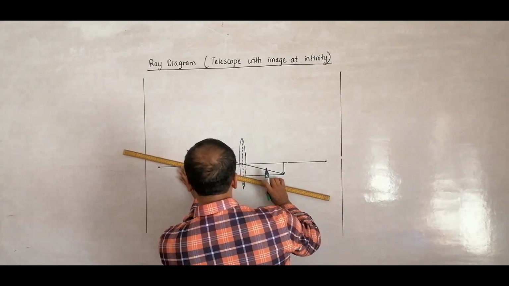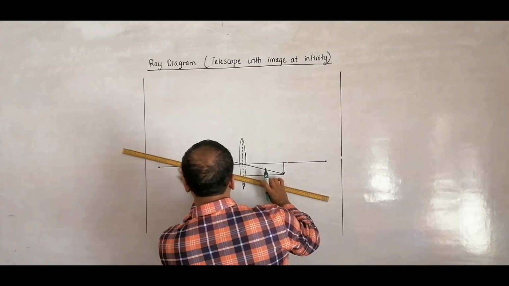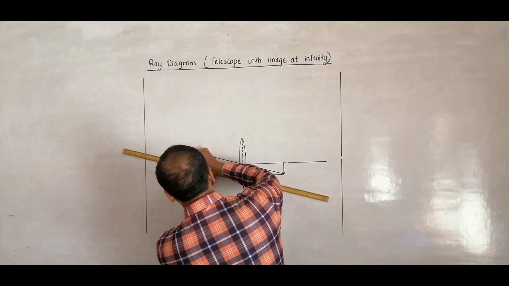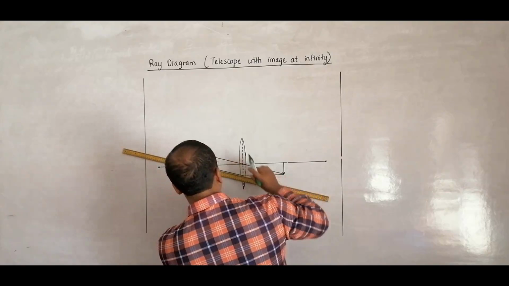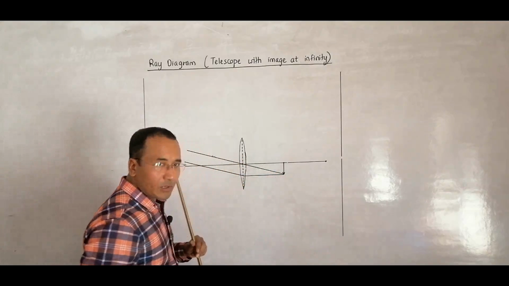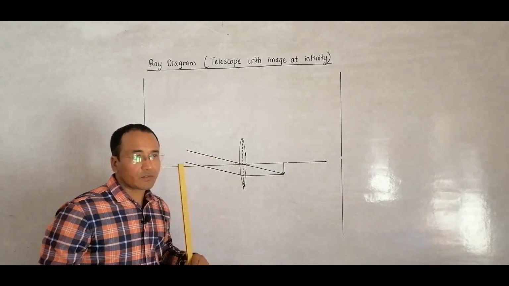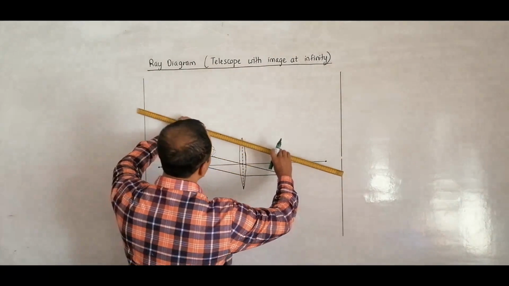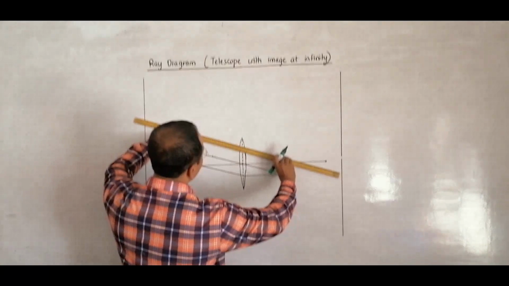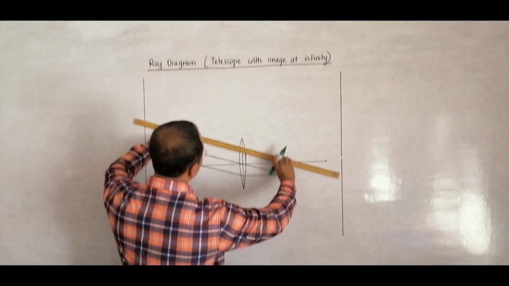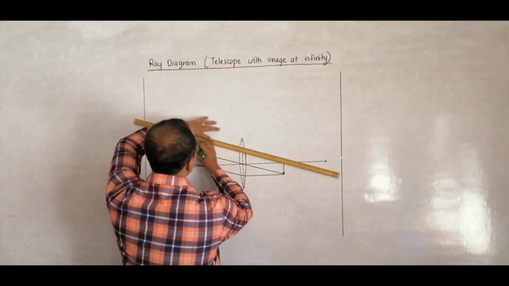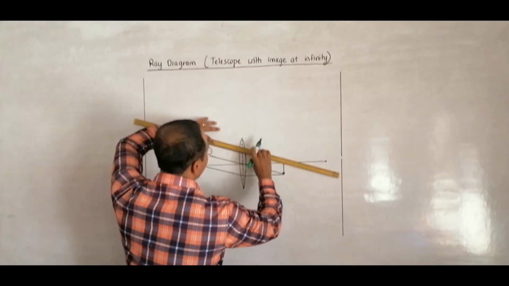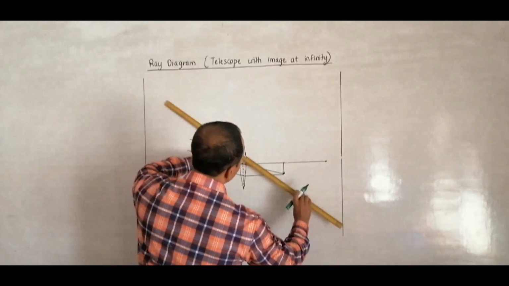This line should have come through the focus. This will be the focus, and we have to draw one more line, because generally we see 3 lines in the textbook. There are millions of lines, but let's draw 3. One line will be a random line which is parallel to both of these, and then it will come to meet this thing right here.